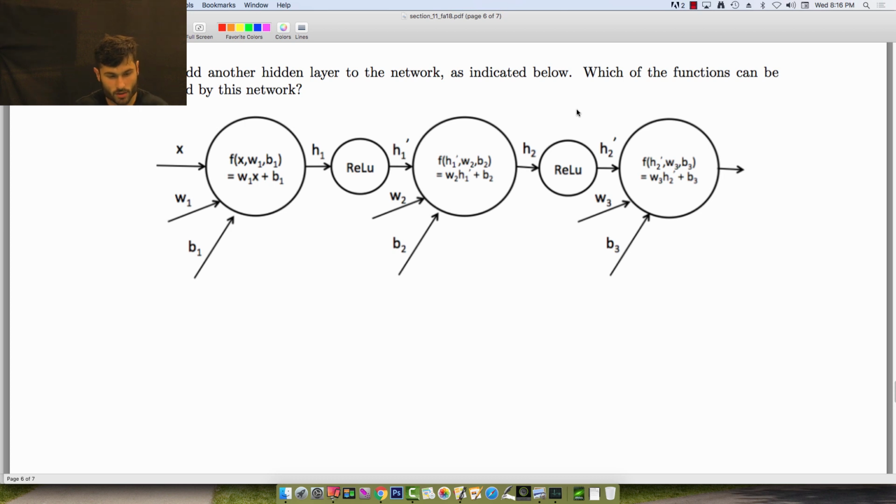This is the last question, and they are asking us which graphs a network with 3 linear layers and two ReLUs can represent.